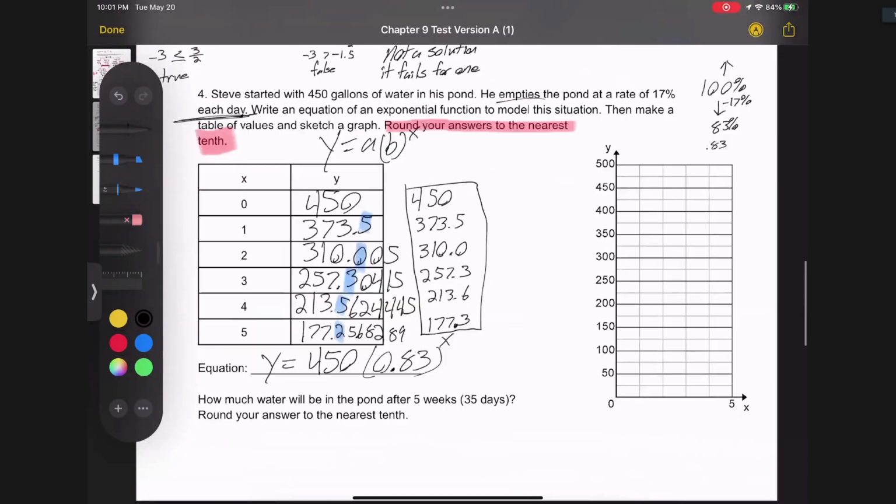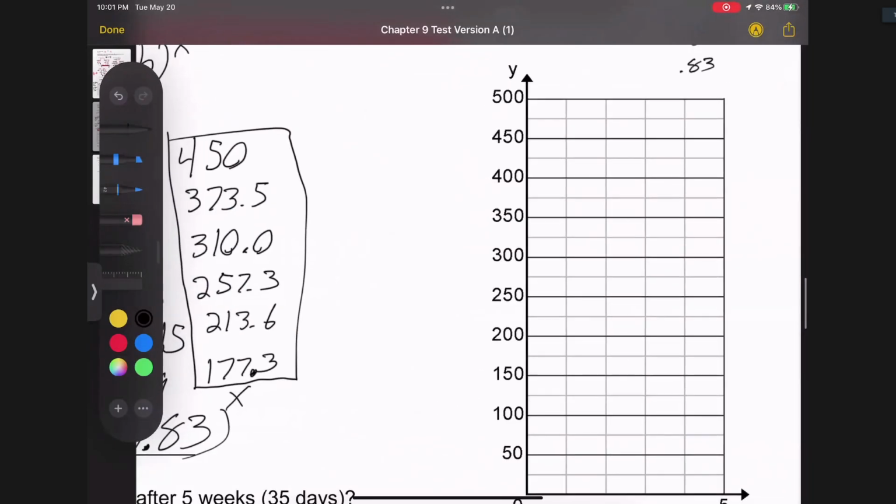So let's see, we've got to plug in these values. This is going to be a little bit kind of hard. These are not perfect, but I was looking for a specific type of graph. You need to make sure that you are able to prove the actual graph and make it very clear. So 373, that's about right here, I would say. 310.